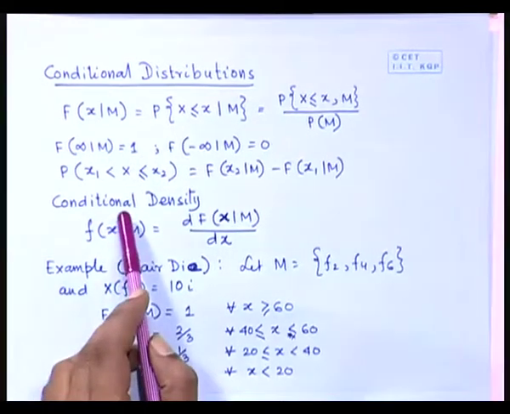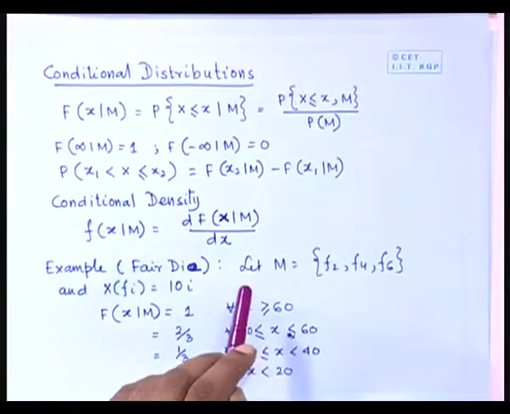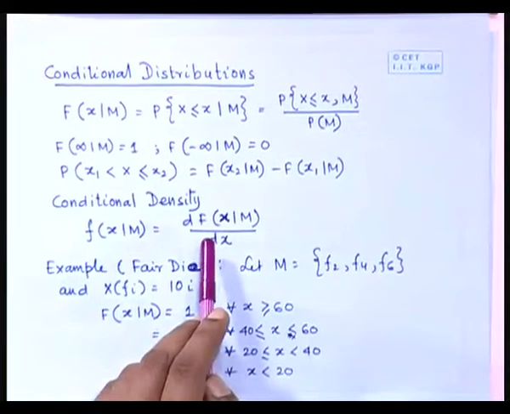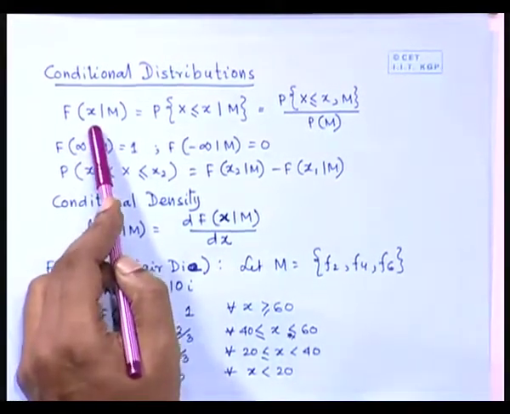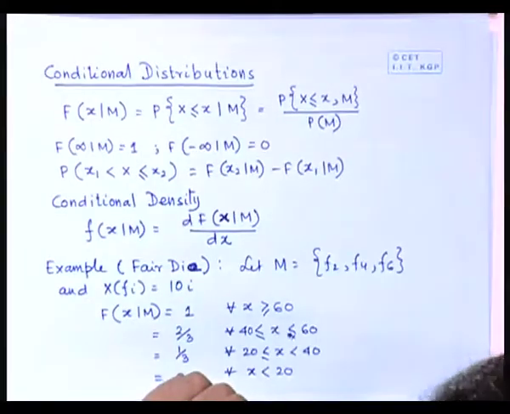You can also define its density function. Once you have defined the distribution function, the density function is simply its derivative, d of F of x given M by dx, in the same way.